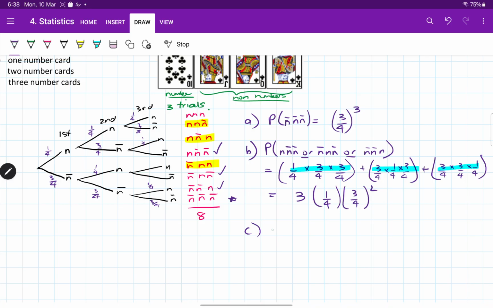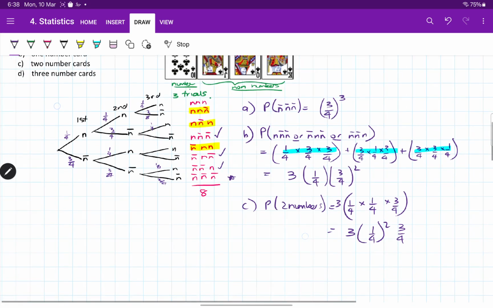So once again, probability of 2 numbers, using the approach we had above, it's going to be 1/4 times 1/4 times 3/4. And you're going to have 3 of those, aren't you? So that is going to be 3 lots of 1/4 squared times 3/4.